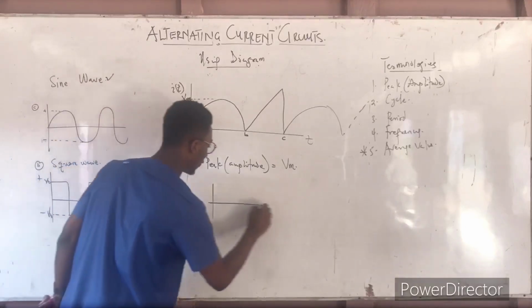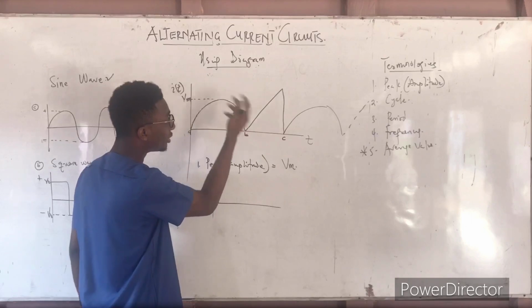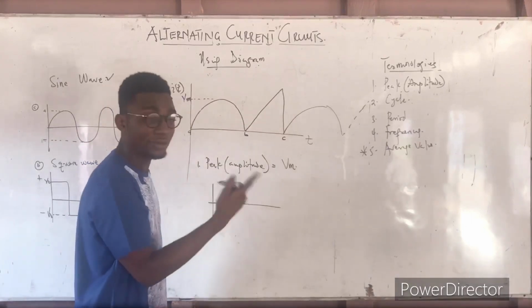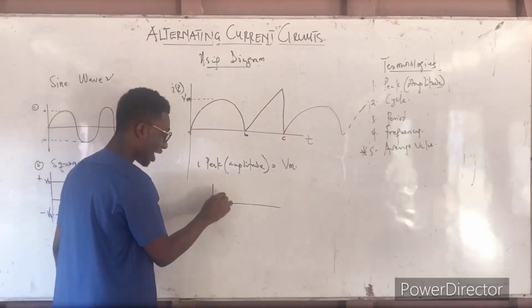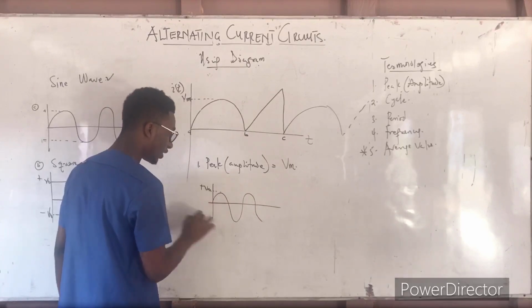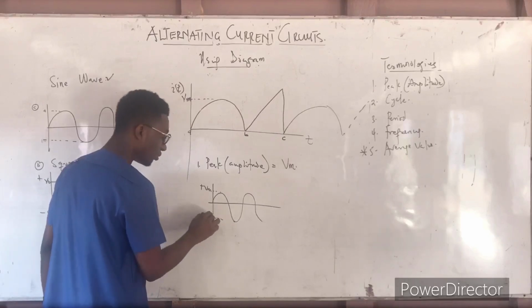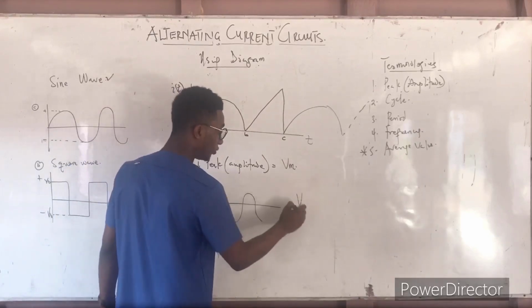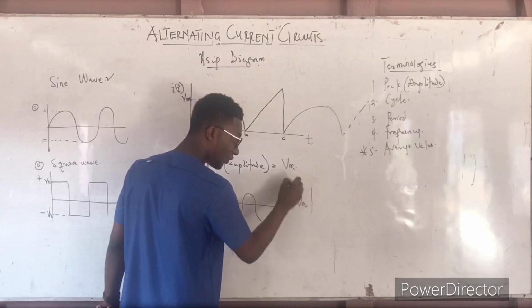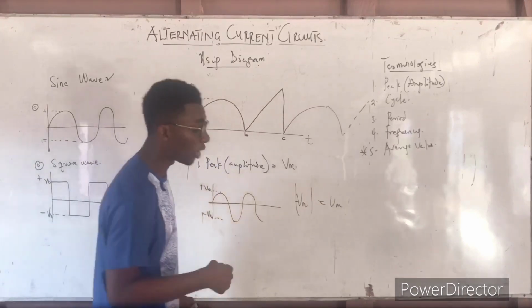If I have this one, it is an AC current waveform with only a positive peak value. But you can have others like this, which will have a positive peak value as plus Vm, and this one will be a negative peak value as negative Vm. But the absolute value will still be the same. It doesn't matter whether it's negative or positive.